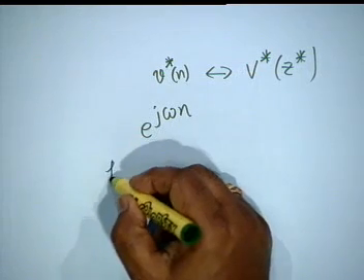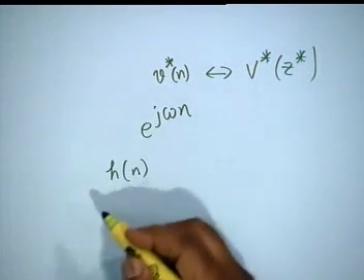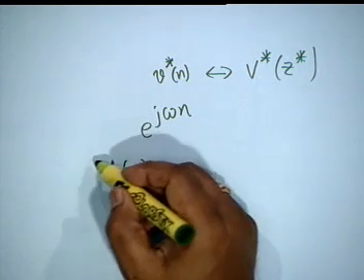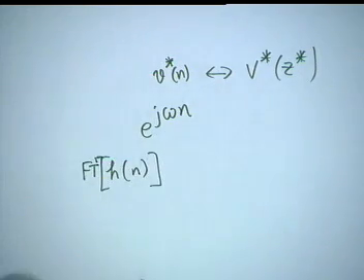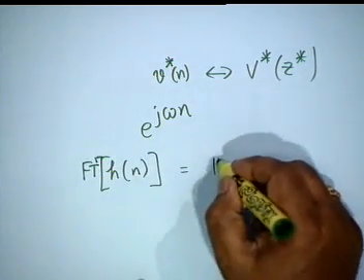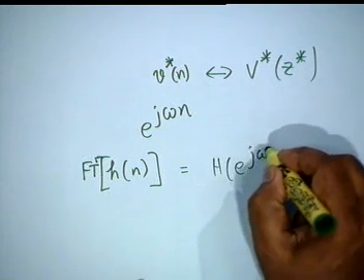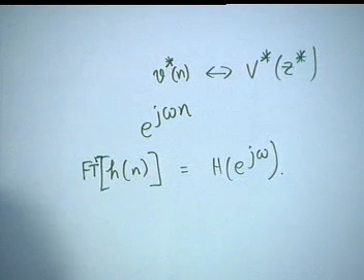In our case, this complex constant was the Fourier transform of h of n, which we denoted by capital H of e to the j omega.